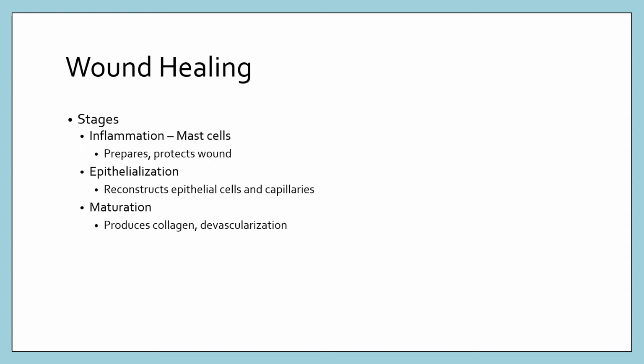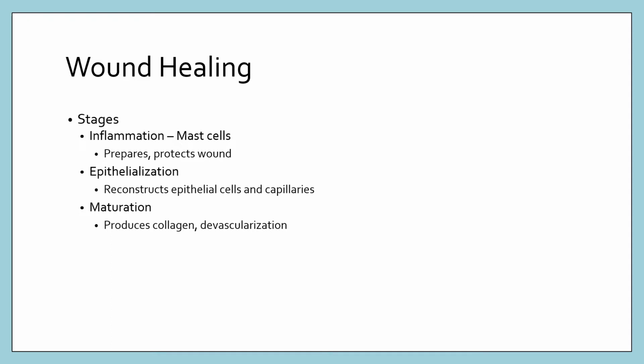All right, wound healing. Make sure that you remind yourself of the process of wound healing, which you should have already had in your adult lectures. It's the same as far as mast cells go and the stages of wound healing. The epithelialization process of the wound is the same with kids.